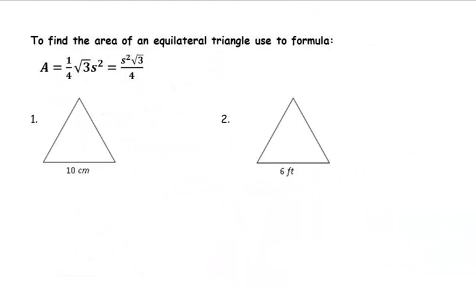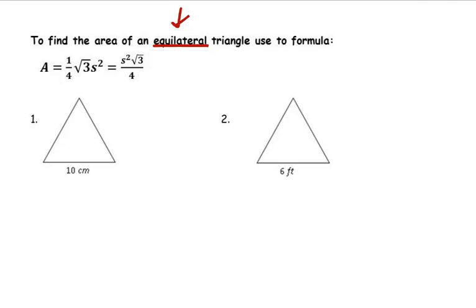Okay, now one of the last things we look at for pre-AP, and if you're in level, you could probably stop now. We're going to look at finding the area of an equilateral triangle. So we can use this formula for equilateral triangles only. So if all your sides are the same measure, then this is a formula we can use to find the area of a triangle, but only for equilaterals.